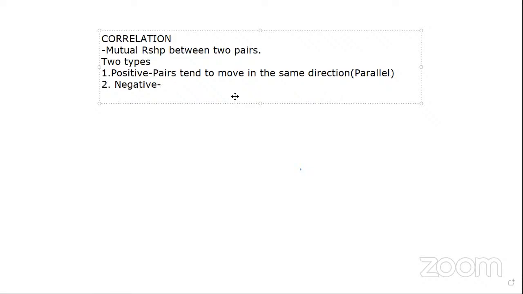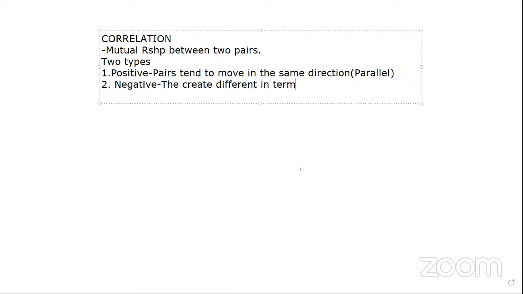So we said the pairs tend to move in the same direction, and then the negative one, they create divergence. The positive one, we can say they somehow converge, but the negative one, they diverge.